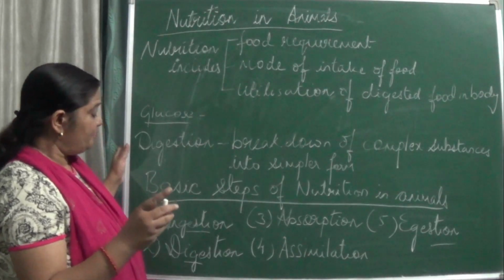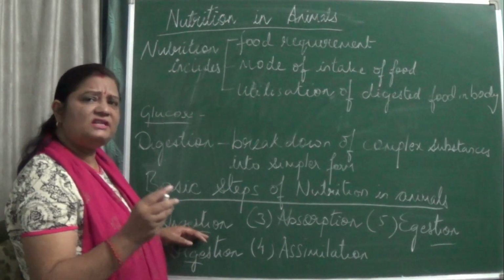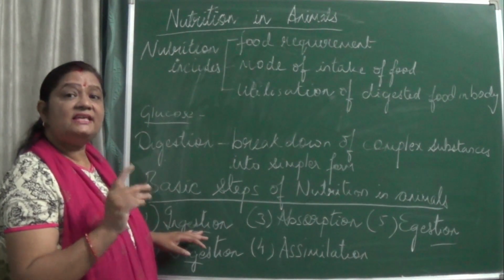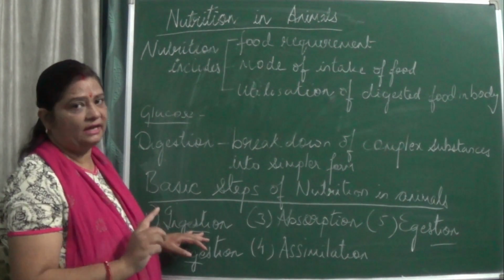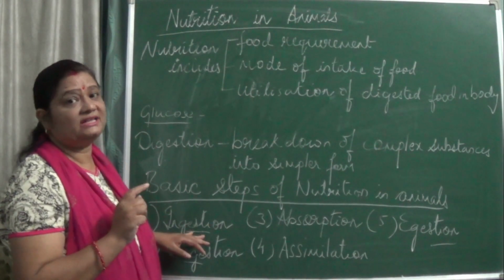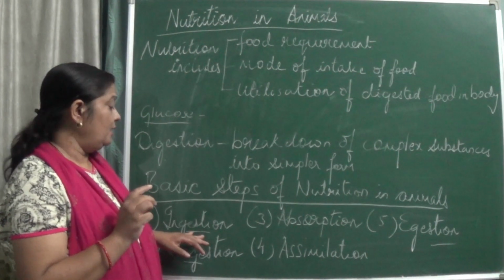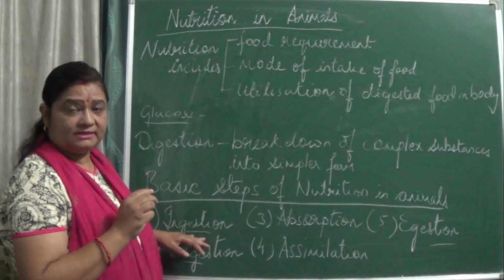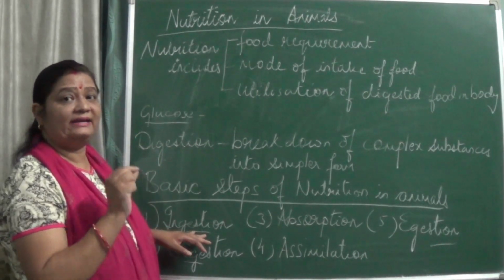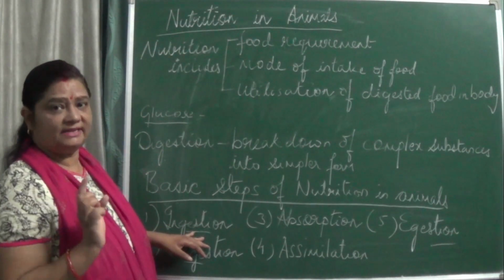It means carbohydrates are partially simplified in the mouth, and this is done with the help of the saliva. This saliva consists of an enzyme known as ptyalin, or salivary amylase. This enzyme only acts on that carbohydrate and gets it partially digested.